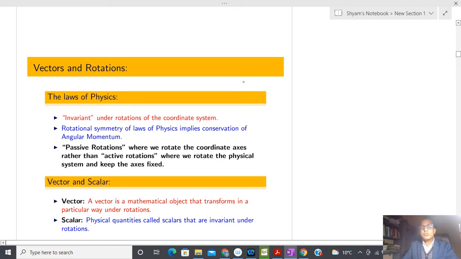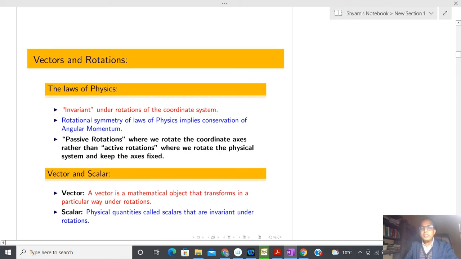If you see the laws of physics, Newtonian physics, or even the special theory of relativity, quantum physics, or particle physics, whatever, in each and every place it is possible to show that the laws of physics are invariant under rotation of the coordinate system.